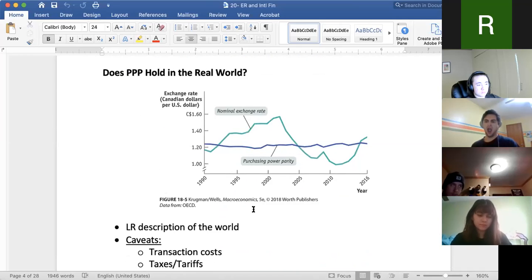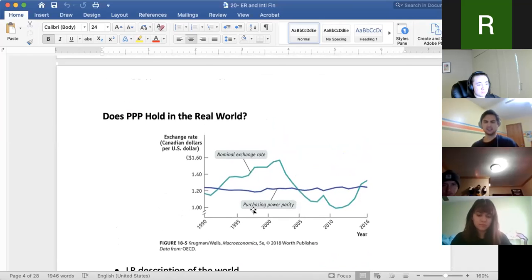Look at the US and Canada, right? So here's the Canadian dollar exchange rate, the number of Canadian dollars versus US dollars. The purple line here is the purchasing power parity exchange rate, right? So that's the exchange rate that should hold under purchasing power parity. What do we see is true about the nominal exchange rate?